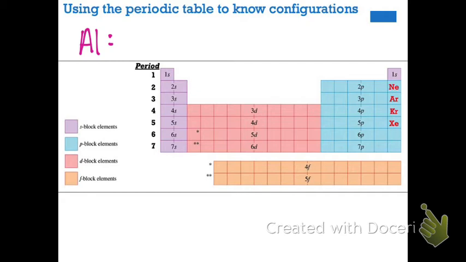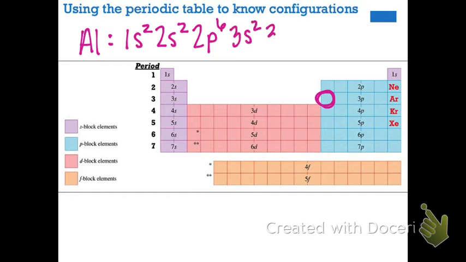P. Is it in 2P or 3P? 3, right? Even though you still have to count hydrogen and helium's row. So 1, 2, 3. In order to get to aluminum, I'm looking for this guy right here, which means I need to fill 1s2, 2s2, 2p6, 3s2, and then 3p what?